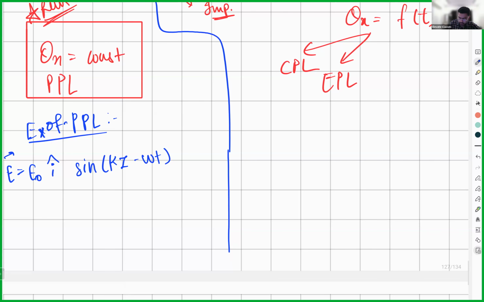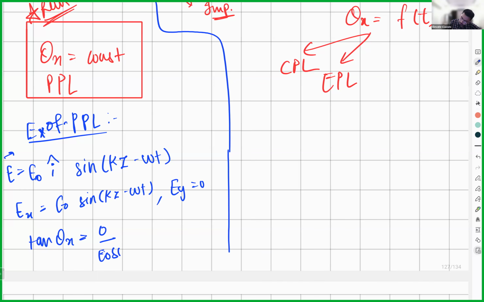So now your Ex is E naught sine (kz minus omega t). Ey here is 0. There is no oscillation along the y direction, so there is no electric field along the y direction. So tan of theta x will be what? Ey by Ex, so 0 by E naught sine will be 0. So theta x is 0.